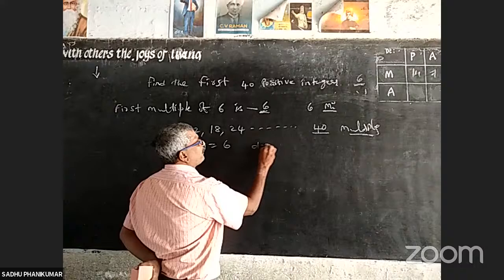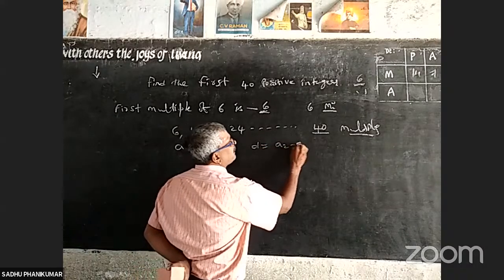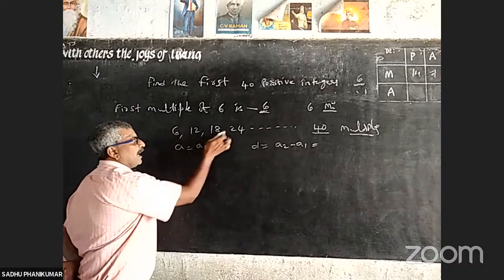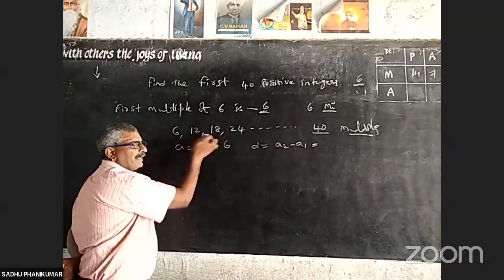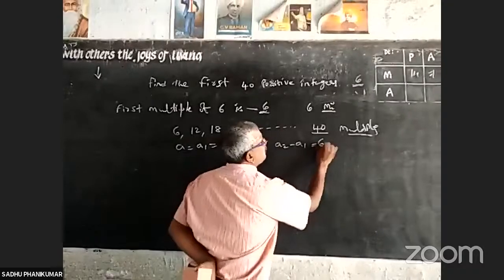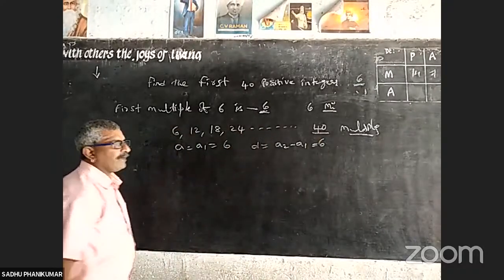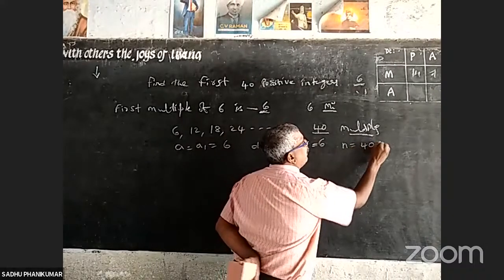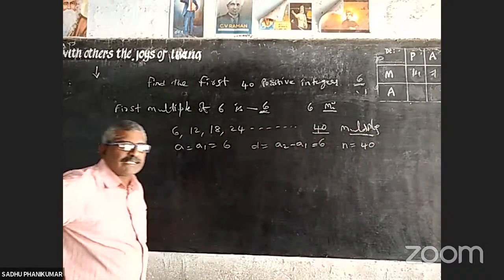What is the common difference? d is equal to a2 minus a1, that is 12 minus 6, or 18 minus 12, whatever it may be. This is 6. And the number of terms n is 40.